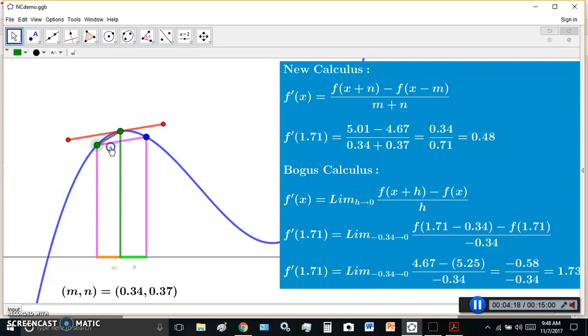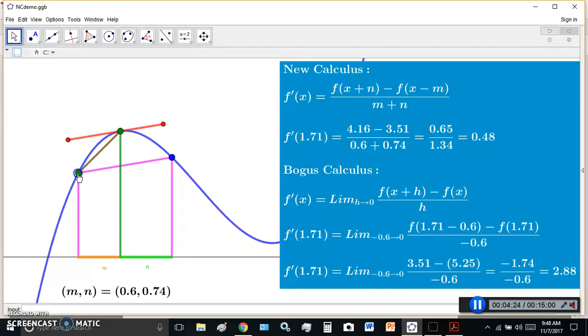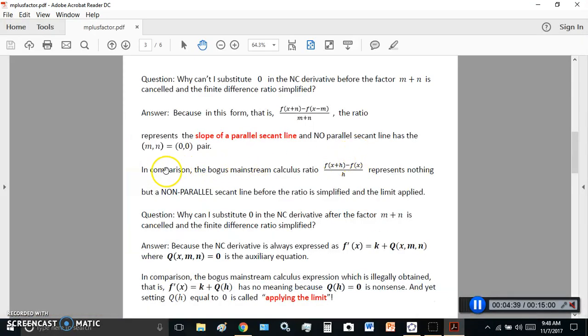That's why you cannot put mn 0 before the quotient is simplified. But after the quotient is simplified, you can, and I'll explain to you in a moment why you can. You can't do any of these things in the bogus calculus because it's broken beyond repair. So, let's continue.